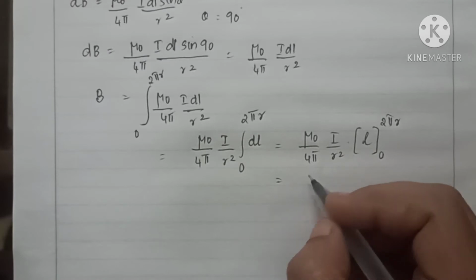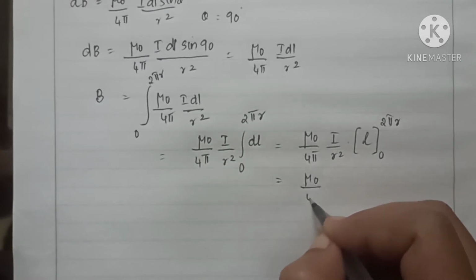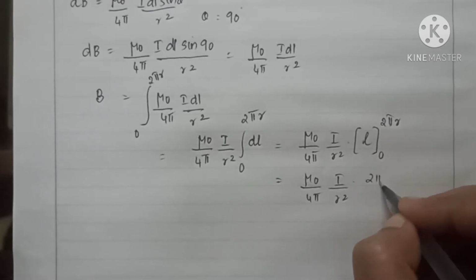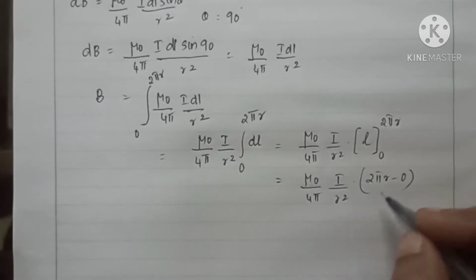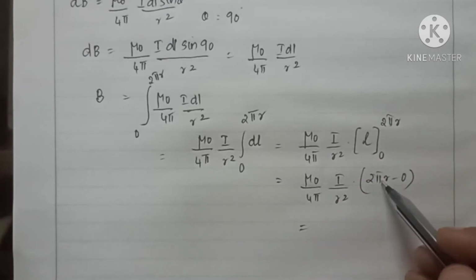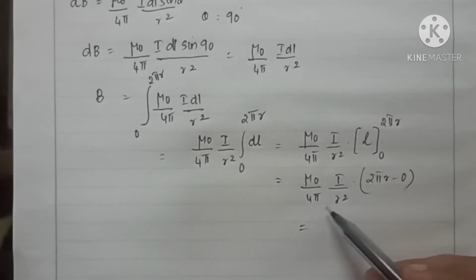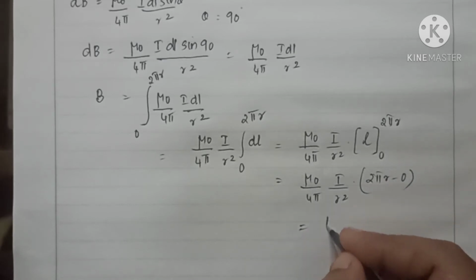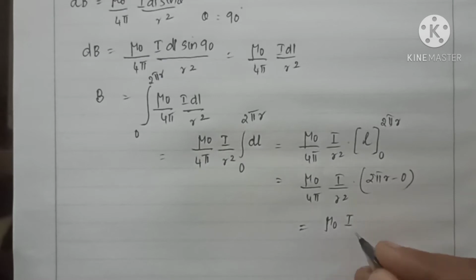So when you apply the limits, mu 0 by 4 pi I by r squared into 2 pi r minus 0, that is 2 pi r. Now cancel 2 pi and 4 pi, you will get 2 here. R and r square, you will get r here. So what is the value? Mu 0 I divided by 2r. Clear?